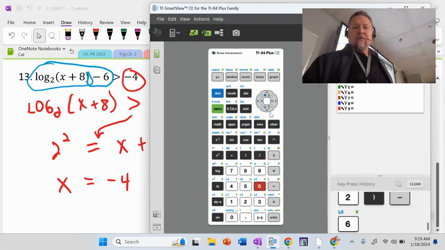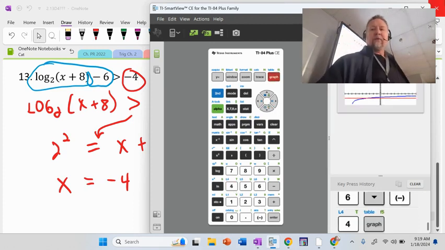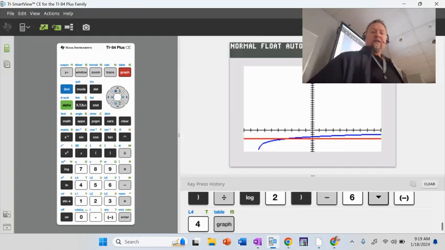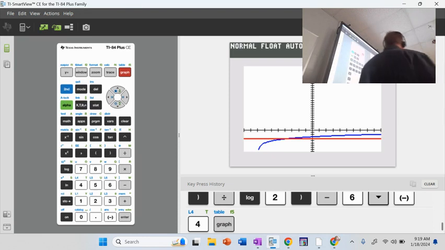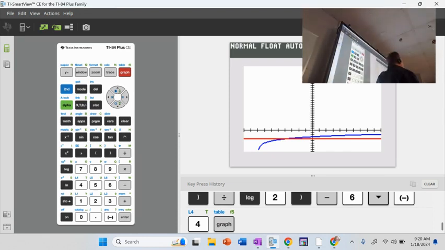Right? Then I could do y equals -4 for the horizontal line. Then when I look at the pictures, here's what we got, and I'll expand in on this. This is good. And then what do I need? I need when the blue outputs are bigger than the reds. And when does that happen? To the right of -4. So it is x greater than -4.